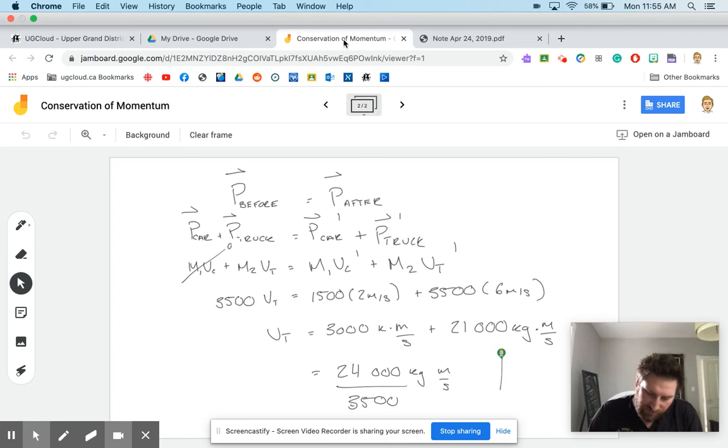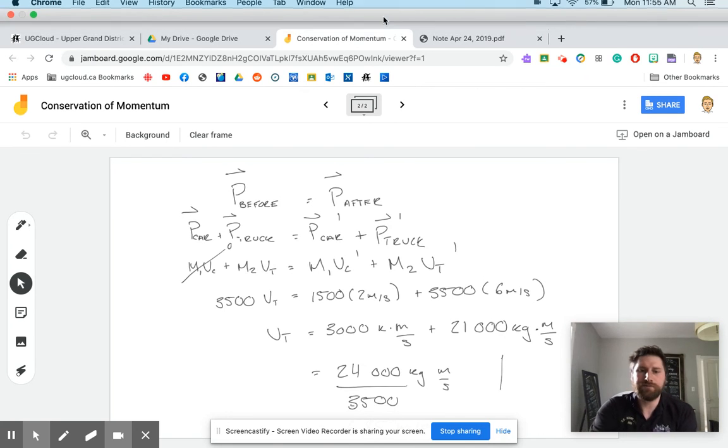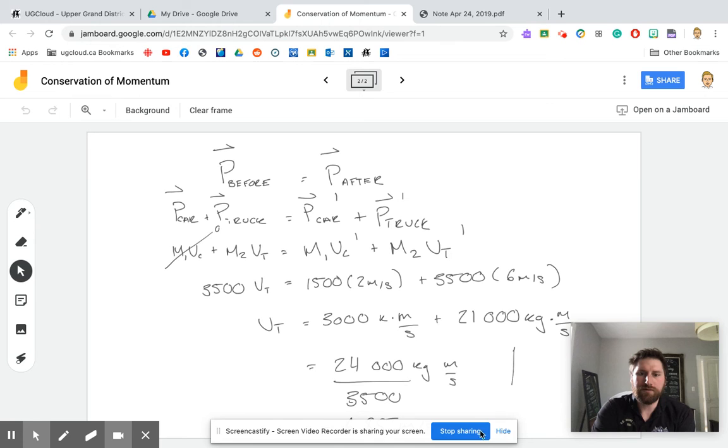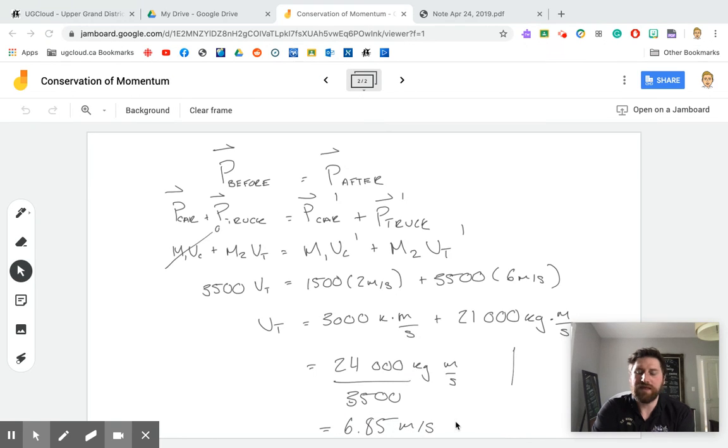So we're able to find the initial speed. Therefore the truck had to be traveling at 6.85 meters per second before the collision. If I scroll down, you can see that. Okay, so this is all using conservation of momentum to calculate things we have before plus things we have after.